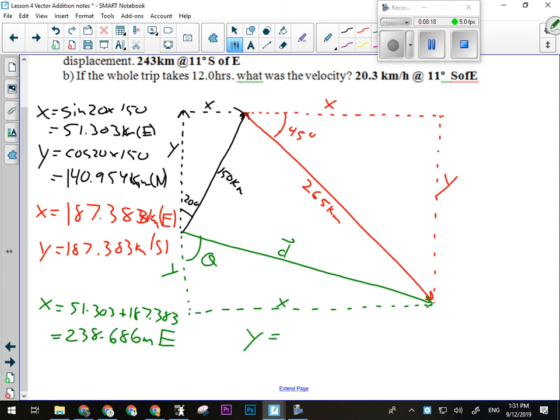And green y, that one I'll have to subtract the two because one goes north and the other goes south. So I'm going to take my 187.383 and I'm going to subtract my 140.954.